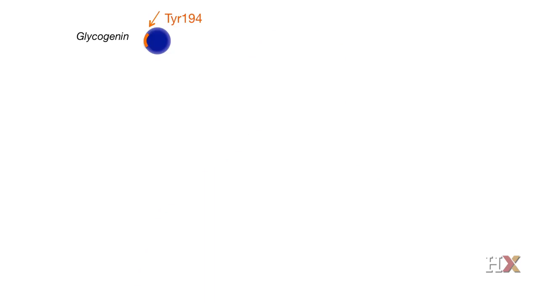Another protein called glycogenin is responsible for the synthesis of this primer. Glycogenin contains a tyrosine residue, and a glucose unit can be transferred from UDP glucose to this tyrosine. So the carbon 1 carried by the glucose unit can react with the hydroxyl group from the tyrosine residue to form an acetal.